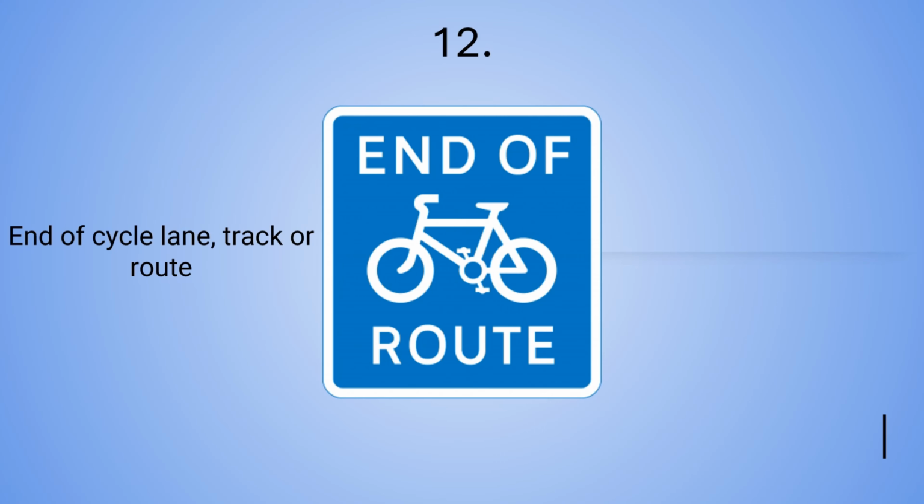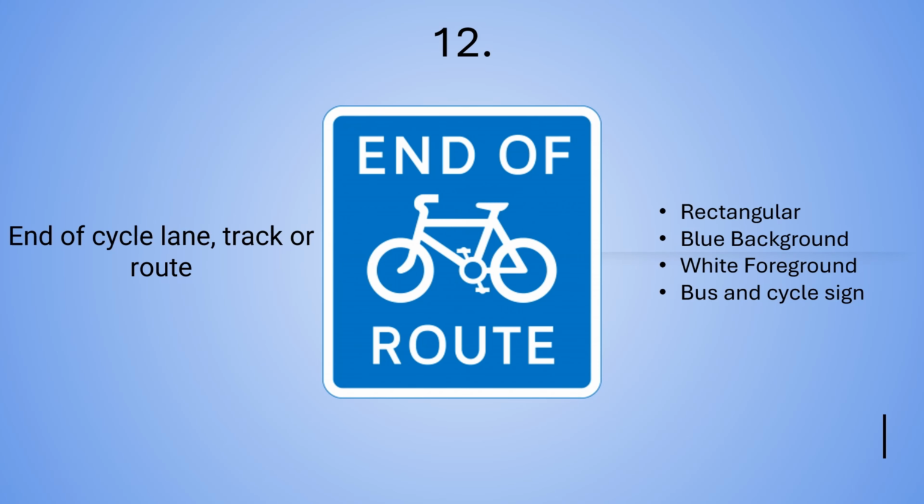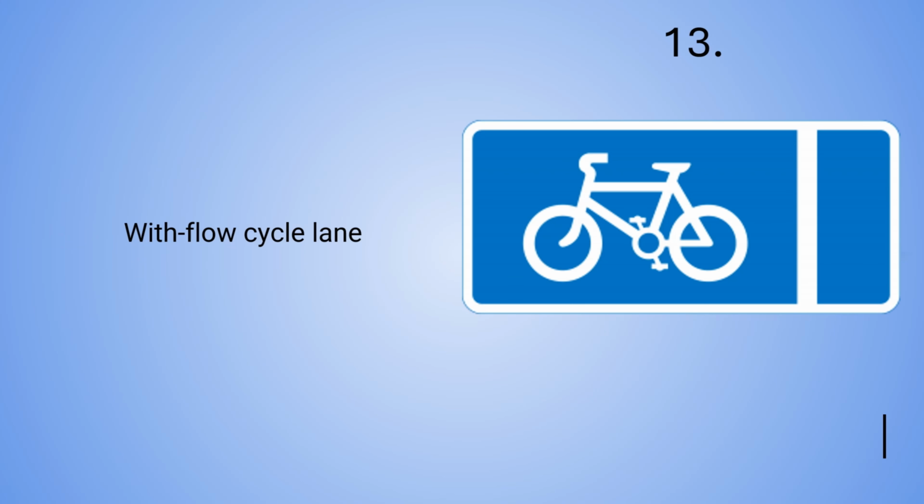Number 12. This sign means end of cycle lane, track or route. Again, this sign is rectangular in shape on a blue background with a white foreground, and it's a bus and cycle sign. You can also see it says on the sign end of route. Sign number 13 means with flow cycle lane.